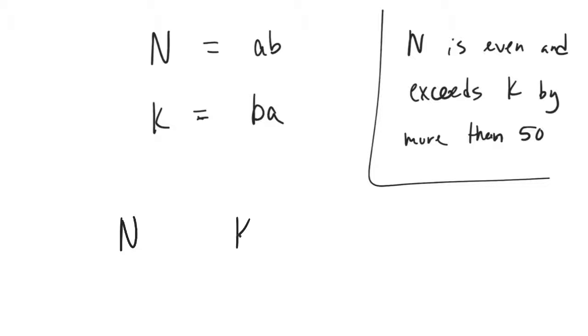So k is on this side, and I'm going to add 50 to k to get to n. Normally I would put an equal sign here. But am I going to put an equal sign here? No, you're going to put a greater than or equal to. There it is. It exceeds it by more than 50, so actually just greater than. By 50 or more would be greater than or equal to. If it says more than 50, if it exceeds.